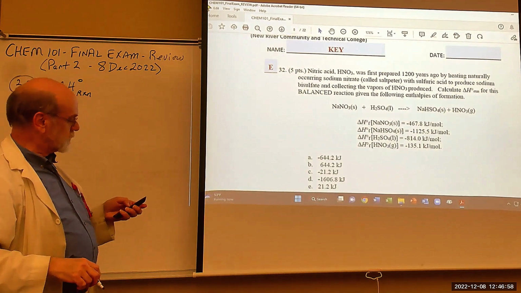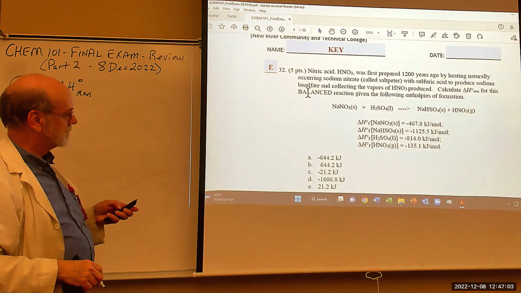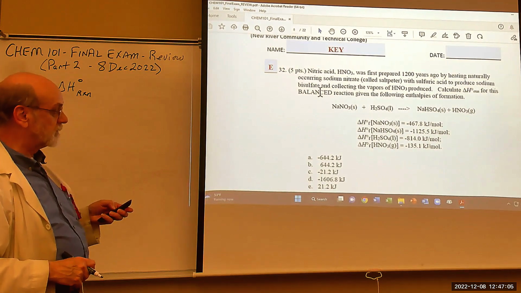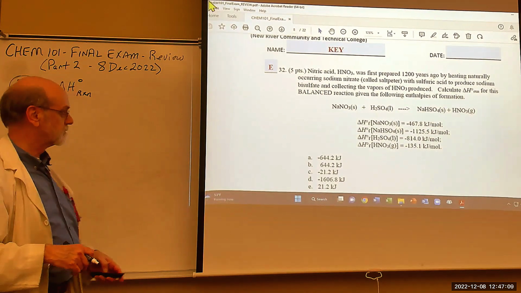And it also tells you in the problem that the equation is balanced. Now you can check it for yourself, but it is balanced.